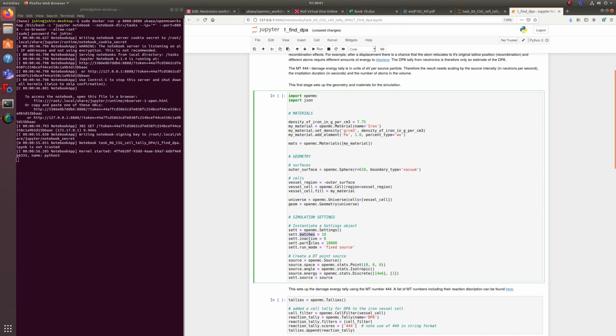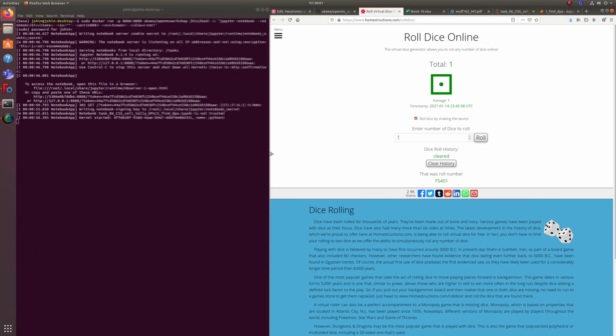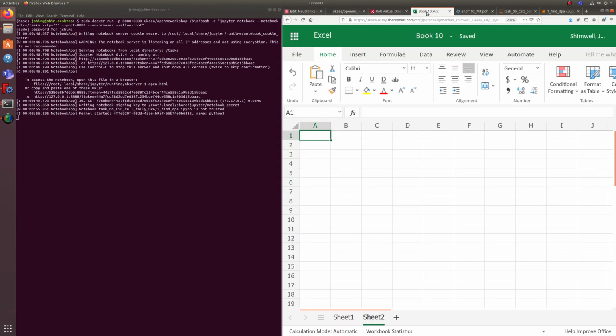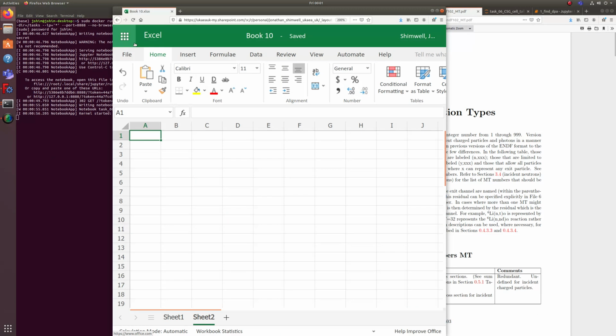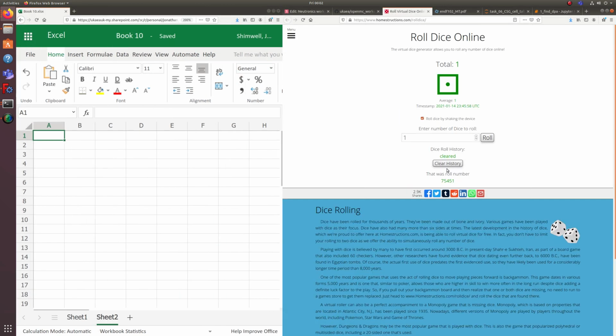So, batches and particles. What is a batch and what is a particle? And how do they change the number that you get? To understand this, we're going to do a simple dice rolling experiment, and we're going to record the results on a spreadsheet. So, if we roll it, we will get a number of 2. Roll it again, and 6, and I'll roll it a few more times.